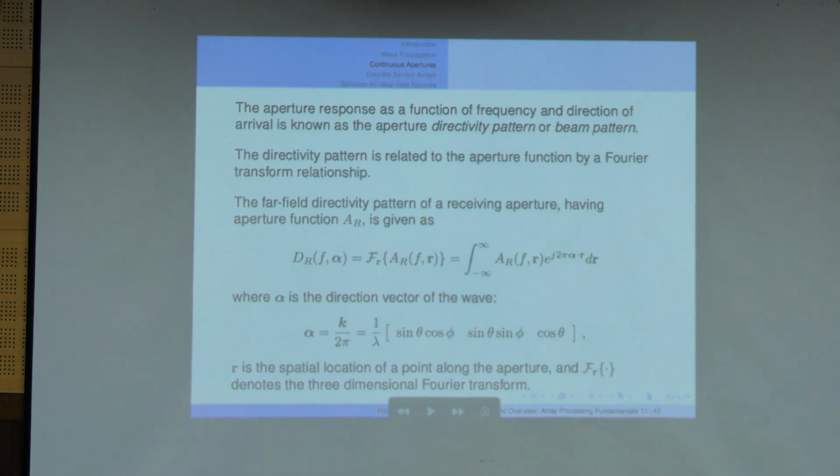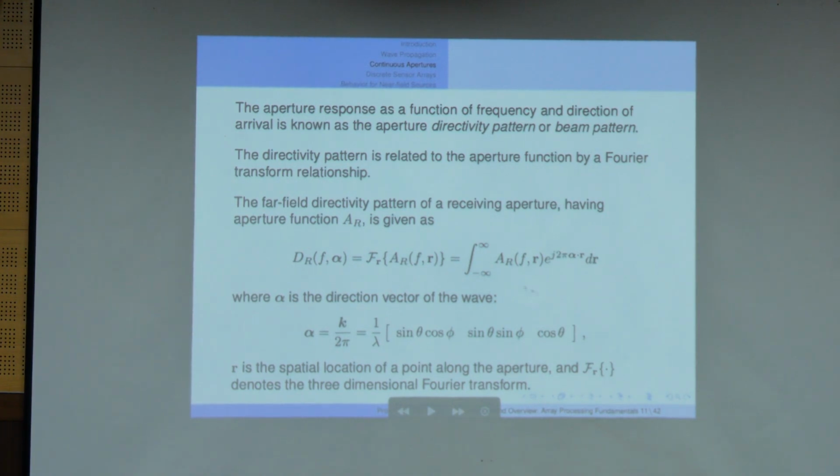It's a complex number that is measured in response to an electromagnetic or acoustic or whatever monochromatic wave that hits the aperture, and this is the aperture function, the function that translates the propagating wave into electrical signal on each point R.